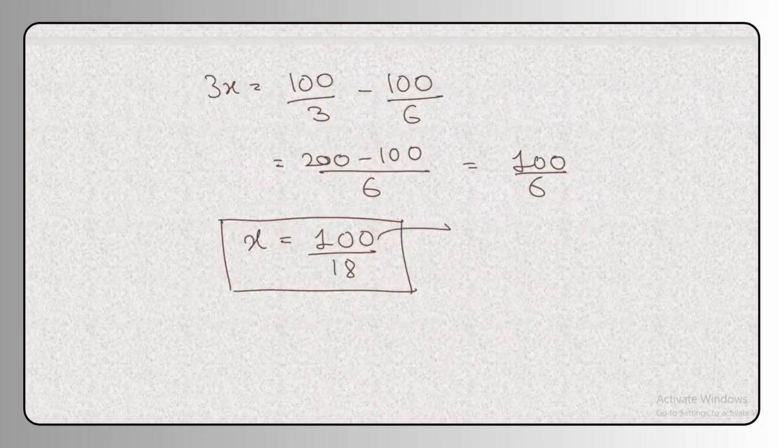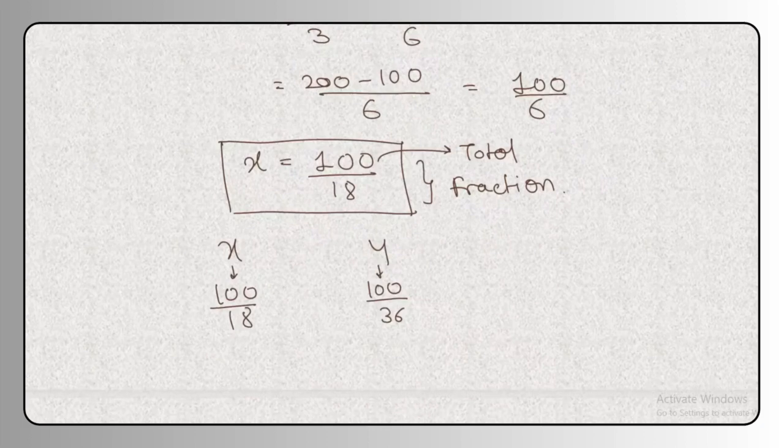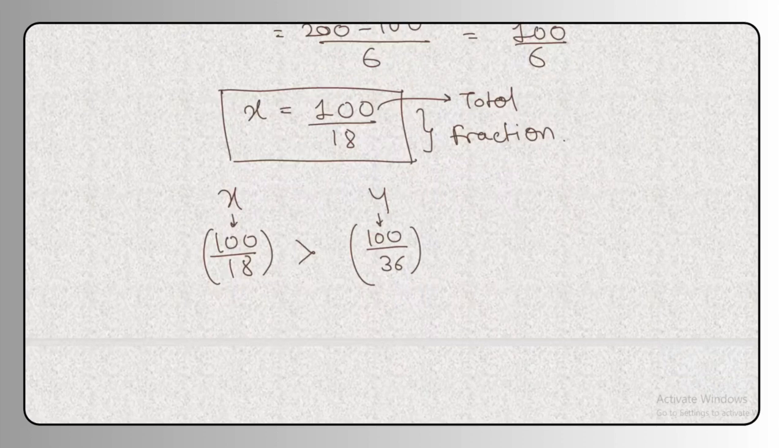So 100 being the total work, and this whole is representing some fraction of that work. Remember, x is here 100 upon 18, and y that we have gotten was 100 upon 36. Which one is greater? We can clearly see that x is greater than y, right? So the rate at which men can do the work is more than the rate at which the boys are doing the work.